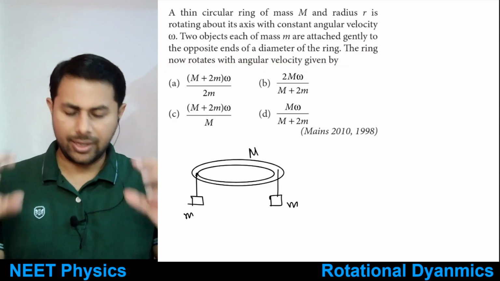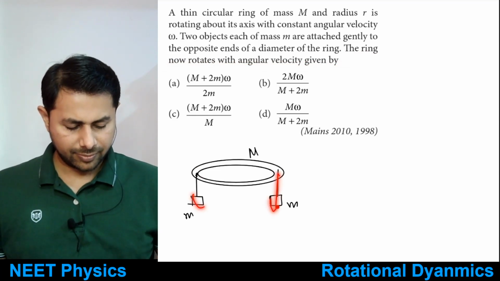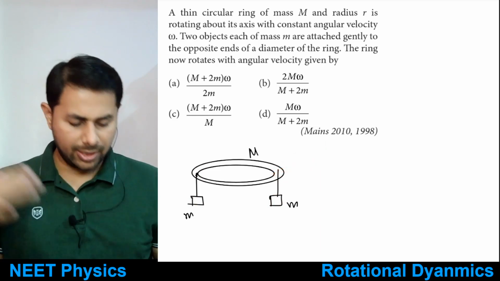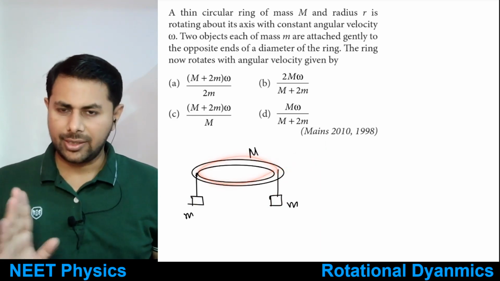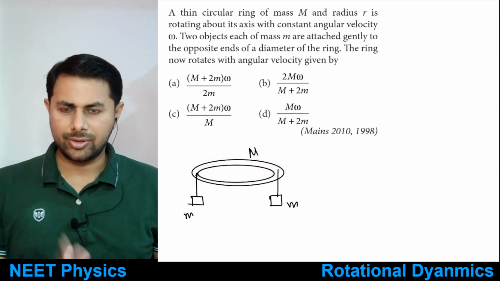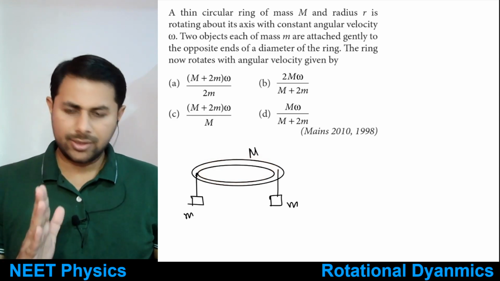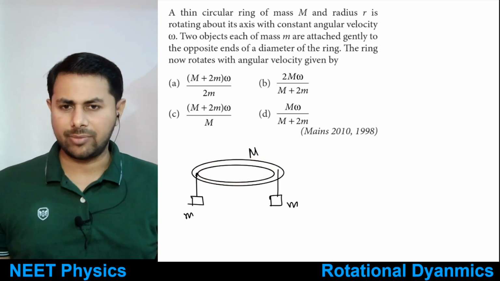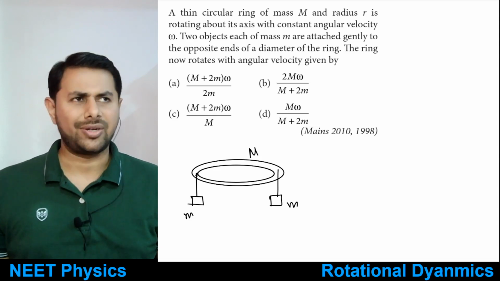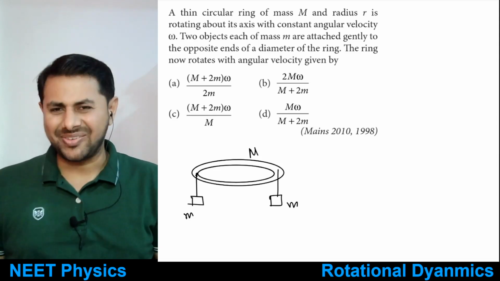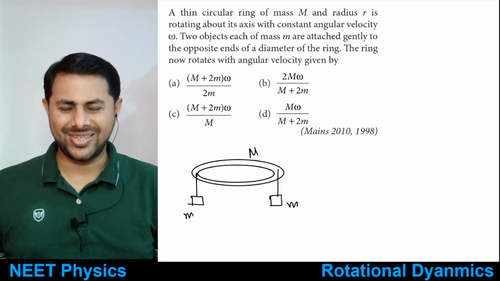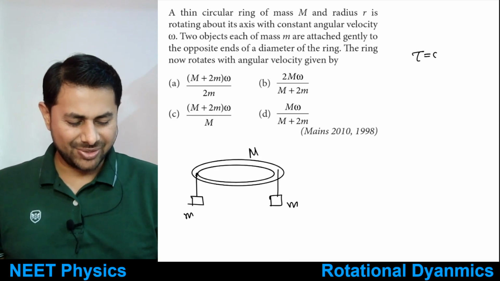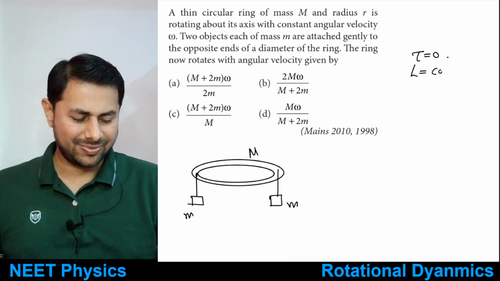Since you are attaching the masses like this, there is no force in the plane of rotation of the ring, and therefore its angular momentum should remain conserved, because the axial torque will be equal to 0. So torque is equal to 0, therefore L remains conserved.